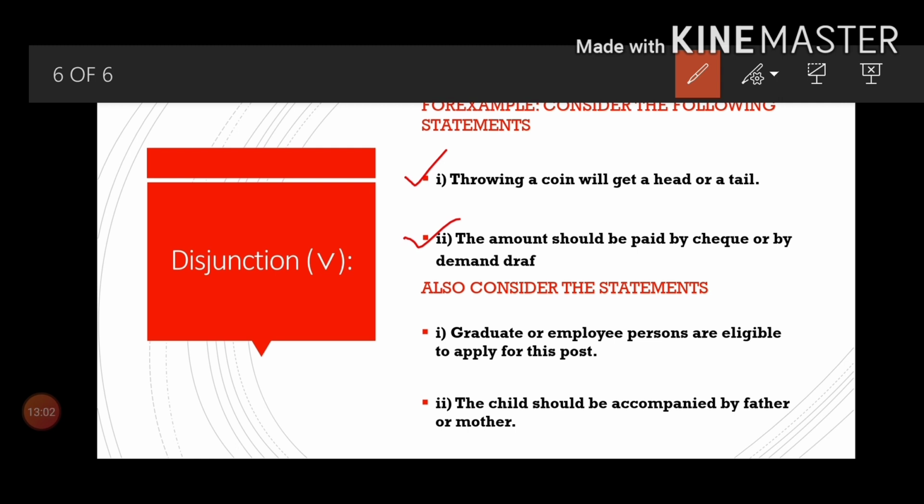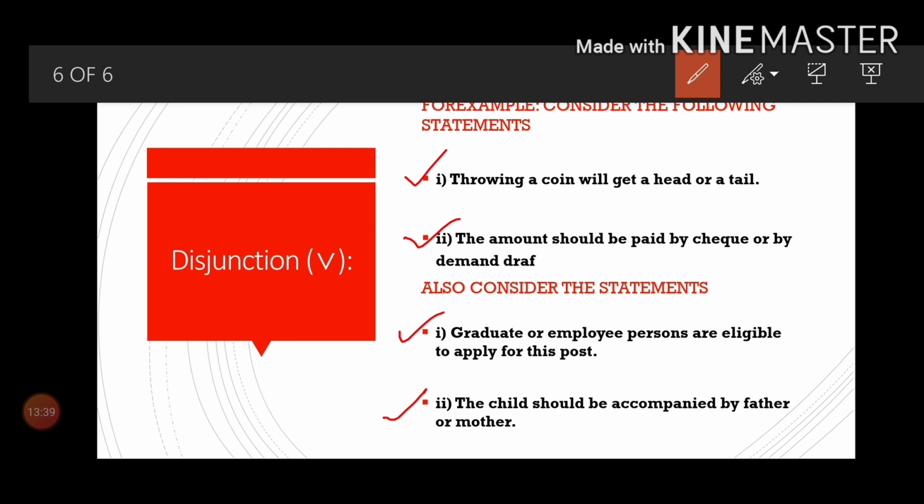Next, also consider these statements. First, graduate or employed persons are eligible to apply for this post. Second, the child should be accompanied by father or mother. In the above statements, 'or' is used in the sense that the first, the second, or both possibilities exist.